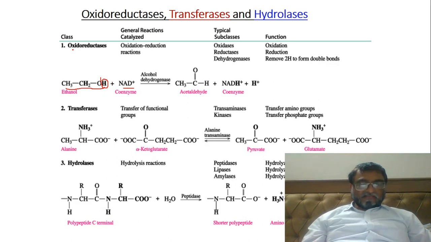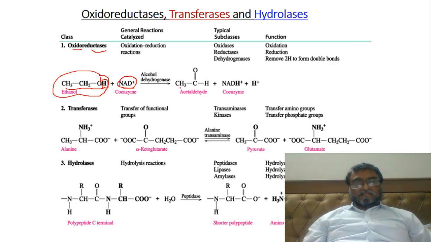So what we are expecting is an oxidation process and a reduction process. What is the function of this one? We know that this is in the reduced form, this is in the oxidized form. After the function of this one, that is going to be reduced, and that is going to be oxidized.